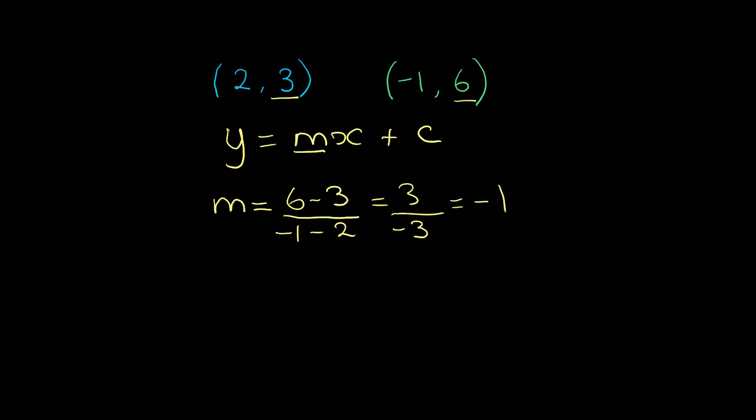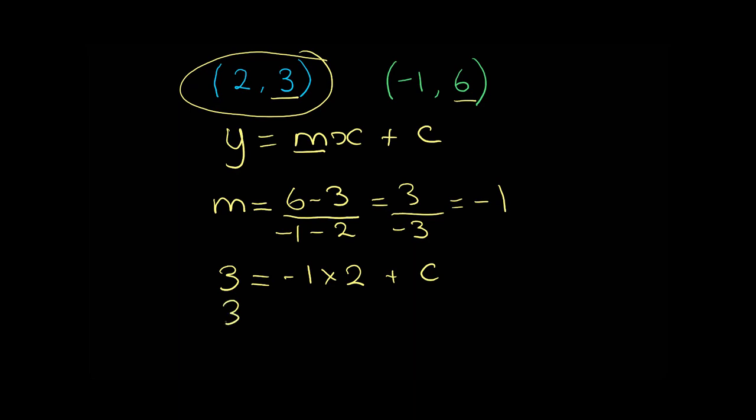So we know what m is. We've got our equation y equals mx plus c in front of us. So I'm just going to use this first pair of coordinates with the m, and then the only thing that's left unknown in that equation would be the c. So that would be 3 equals -1, the m, times 2 plus c.